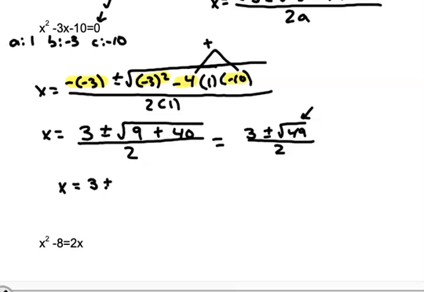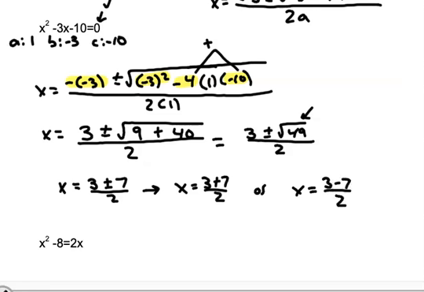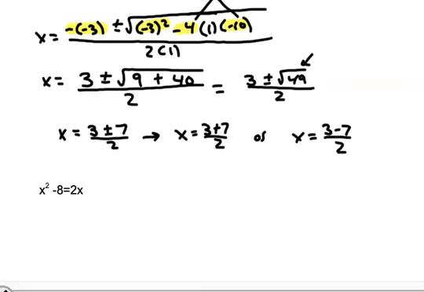We have 3 plus or minus 7 over 2, the square root of 49, which means I have 2 answers. I can have an answer using the plus sign, 3 plus 7 over 2, or I could have an answer at x equals 3 minus 7 over 2. So I have 2 answers that come from this. One of them is 10 over 2, which is 5.